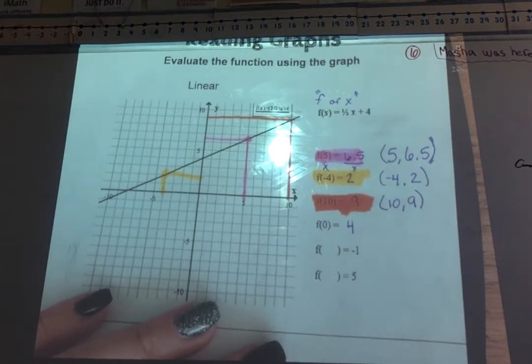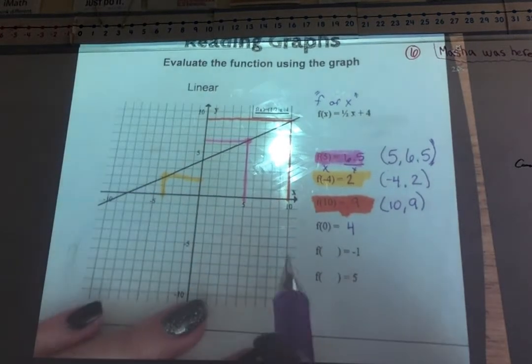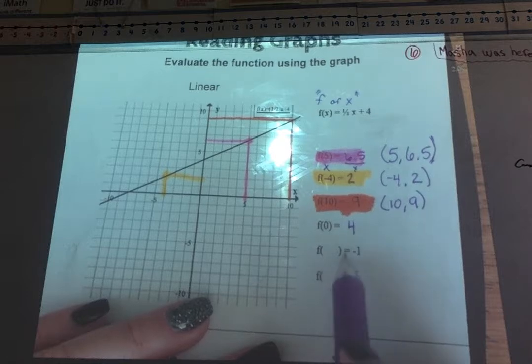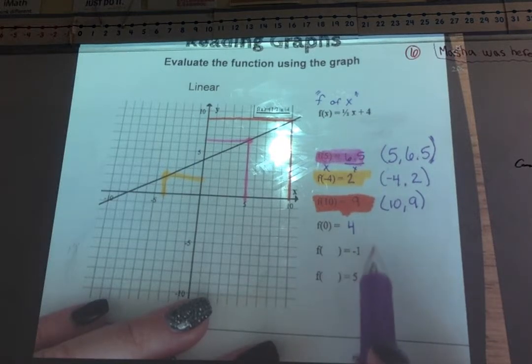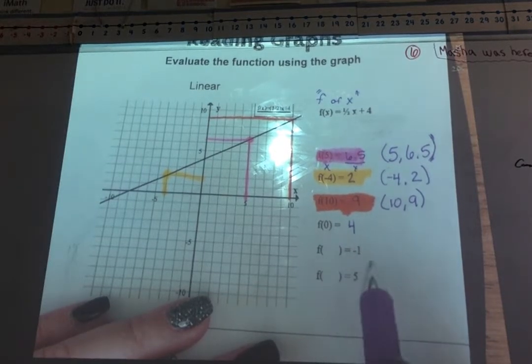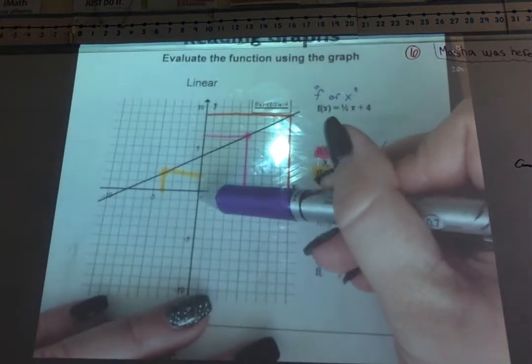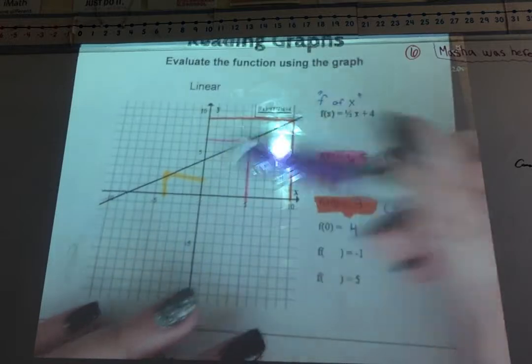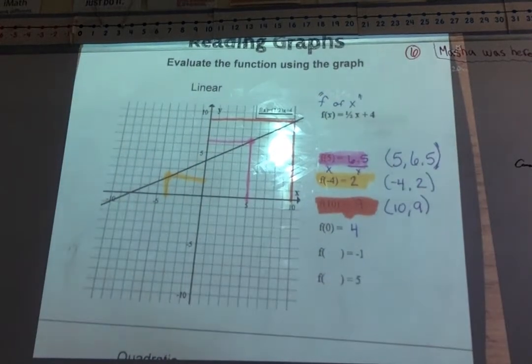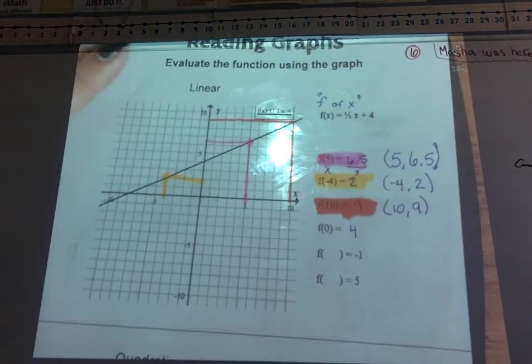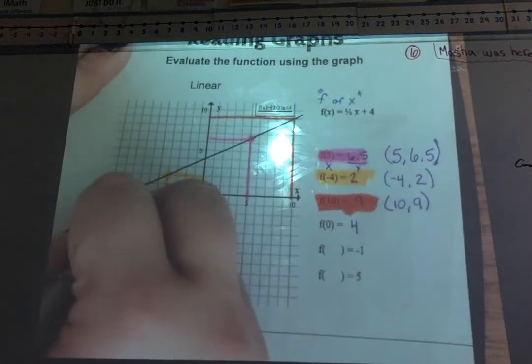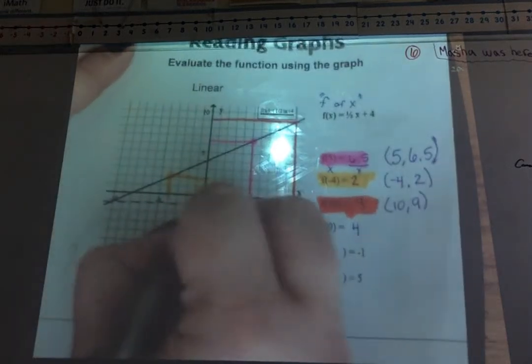The y-axis, okay? For f of something equaling -1, I need to find -1 on the y-axis. So again, I always start at the origin and I go down 1. So here is where y equals -1. For some people, putting in a dotted line helps.